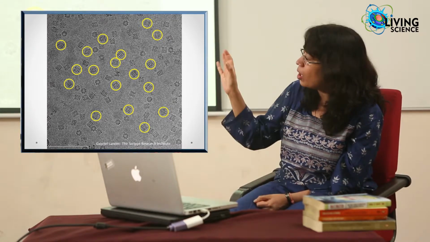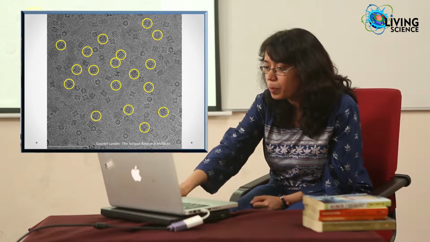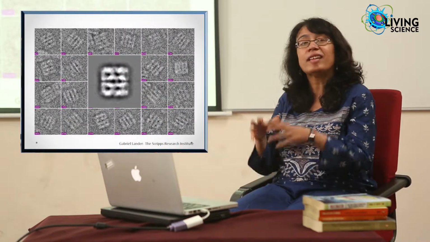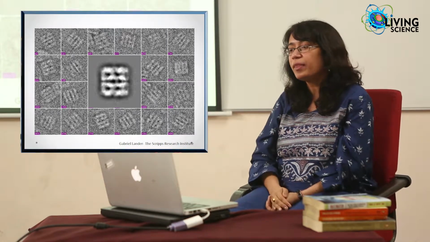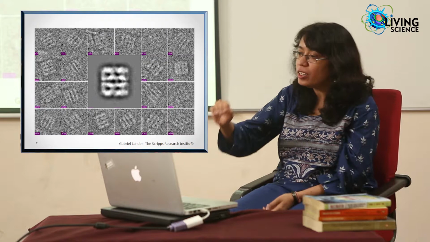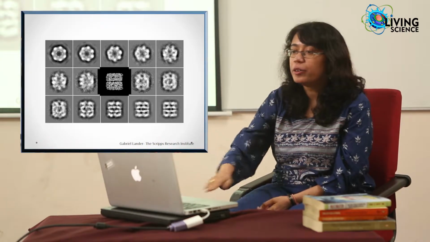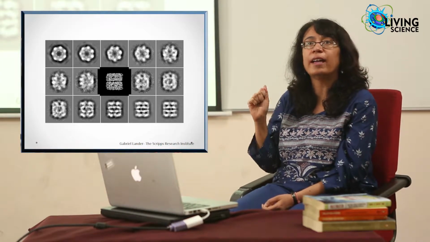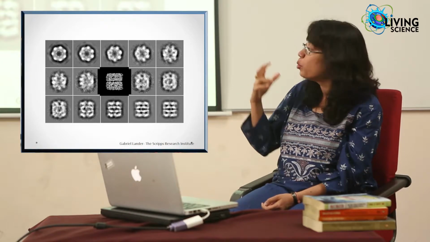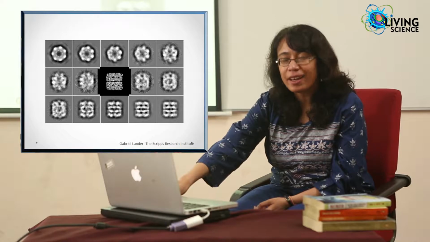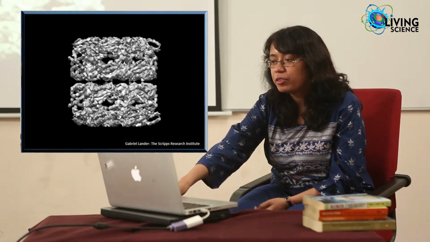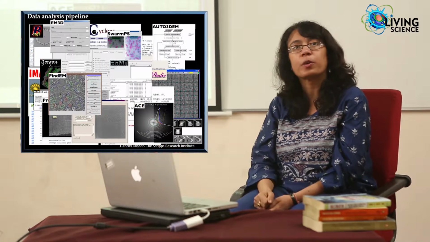And once you pick these particles, they are stacked in similar orientations, and then one generates an initial 3D model, refines the angular projection values and improves the model, and finally, after refinement, you get a nice 3D volume density of the macromolecule that one is working with.